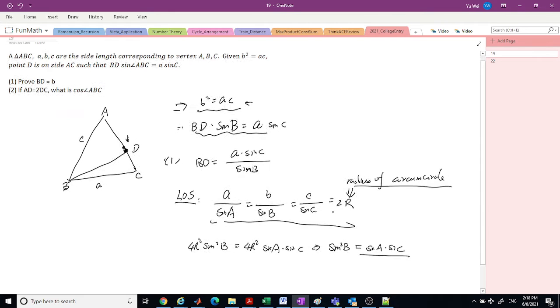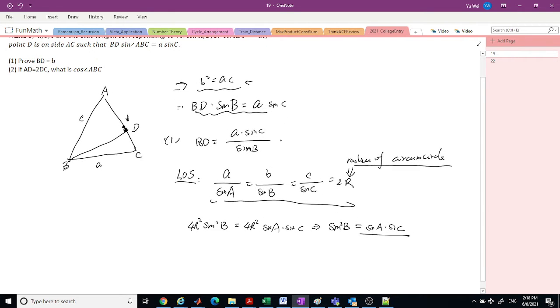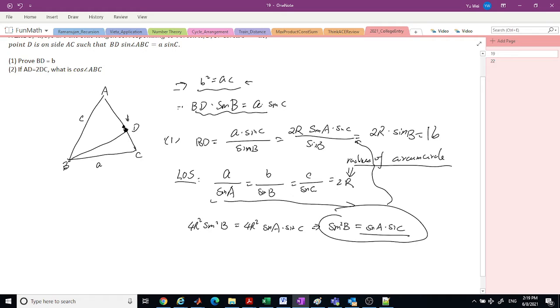Now we can further parameterize this with R and the angles. Sine A times sine C over sine B is equal to this, so applying it to here, it's 2R times sine B. It's b. That's why BD is b.